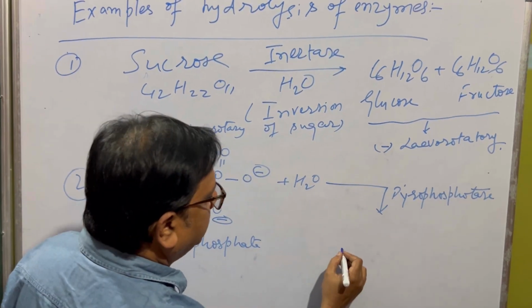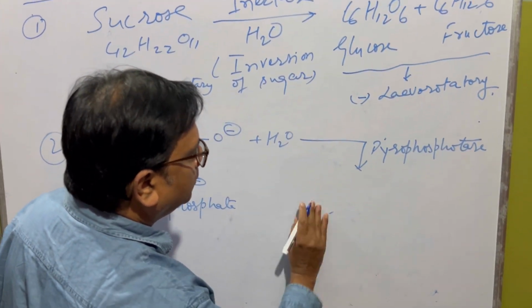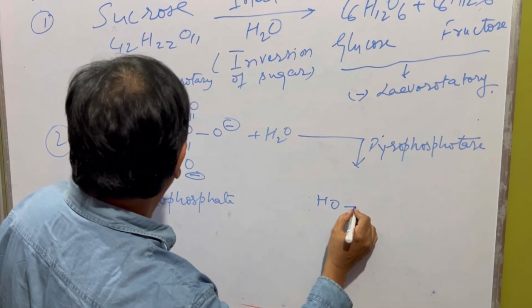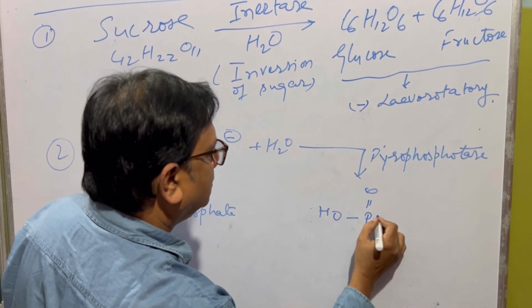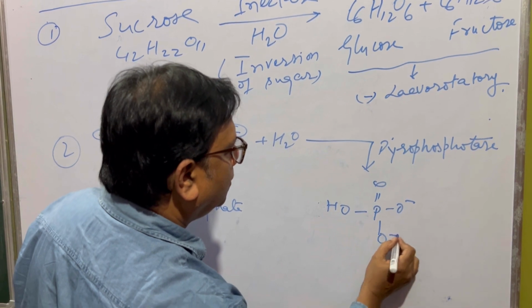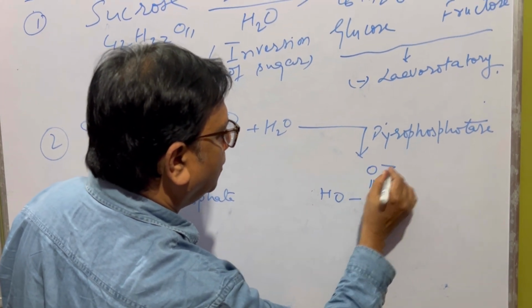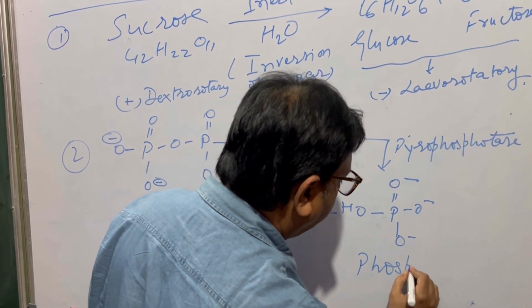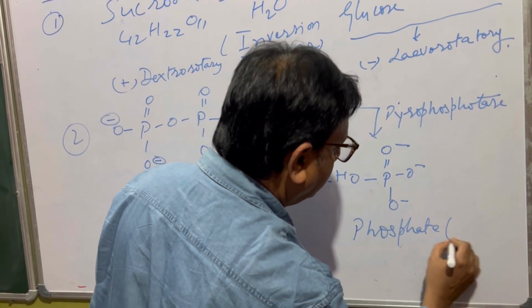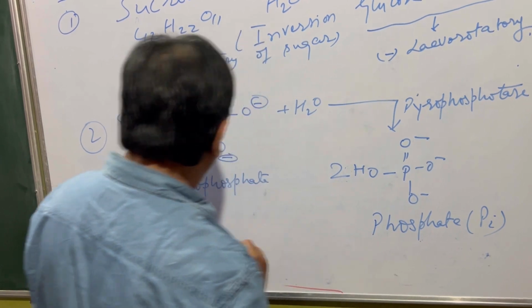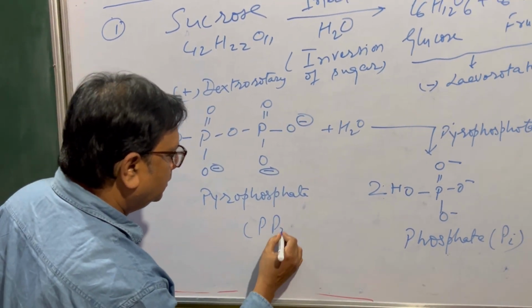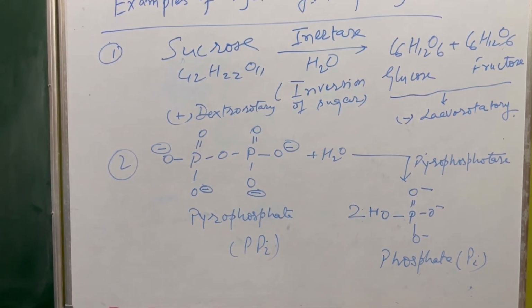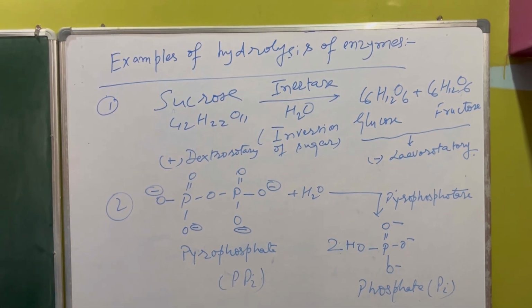What you get is phosphate, that is, you get two Pi from the pyrophosphate.